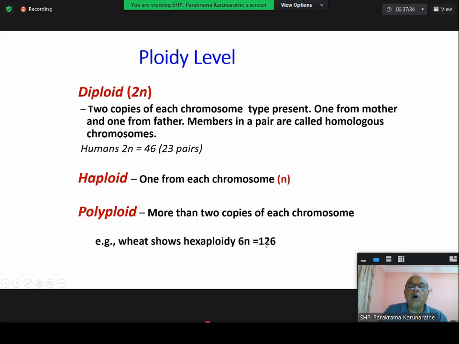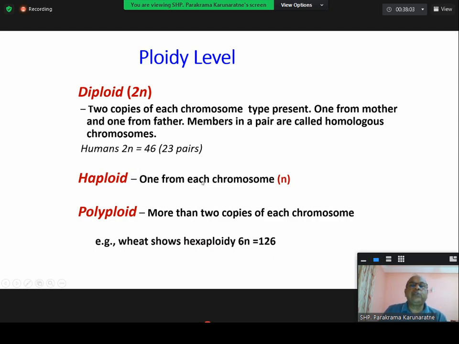They have 21 types of chromosomes, but from each type they have six, so altogether they have 126. These are not very common. These are common only in plants, not in animals. In animals you always get 2N, and N also in gametes. I will come to that.